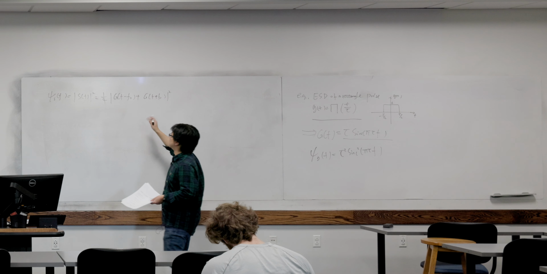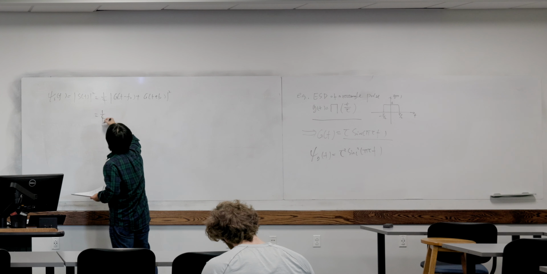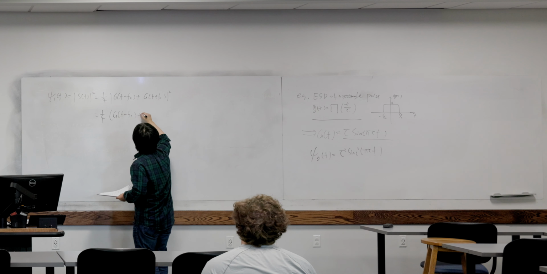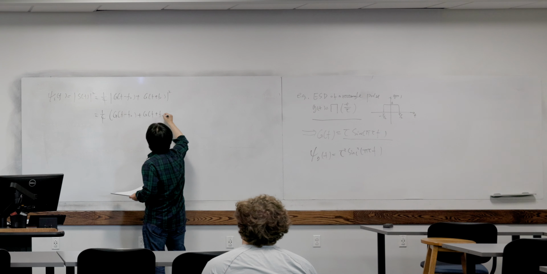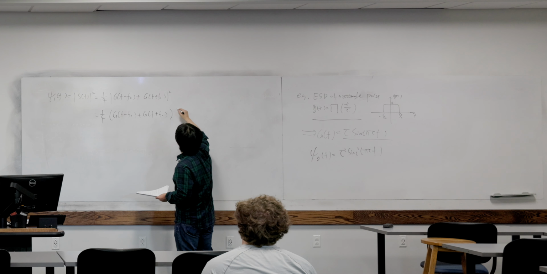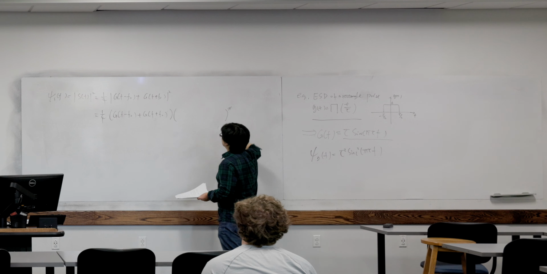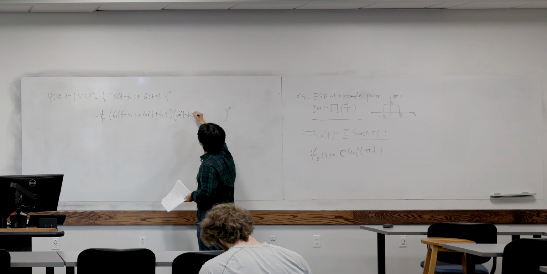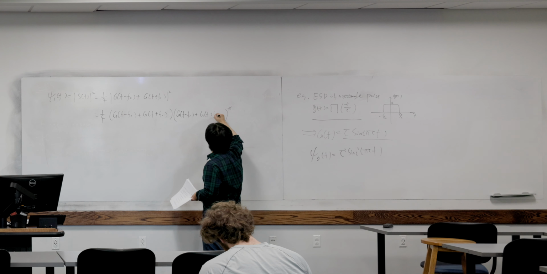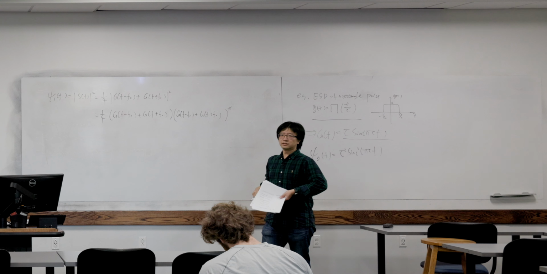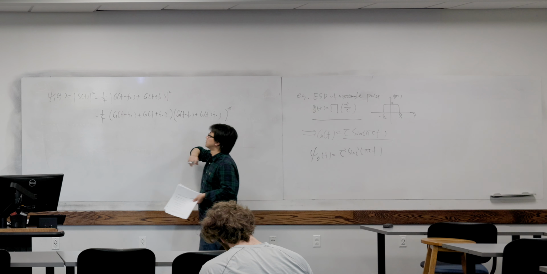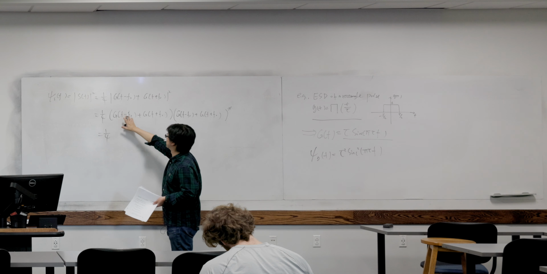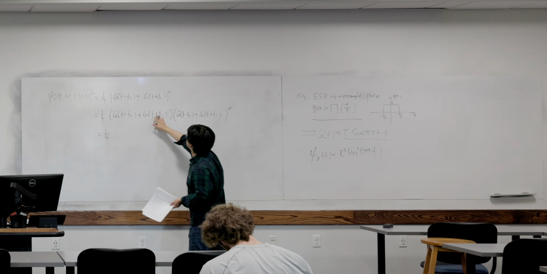Let's compute it. We can write that as what? By definition, it's this signal multiplied by its conjugate, right? This is the definition of this norm squared. So we definitely have this multiplied by that and this multiplied by that.